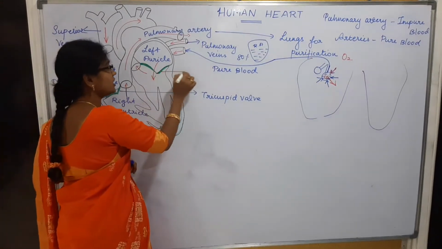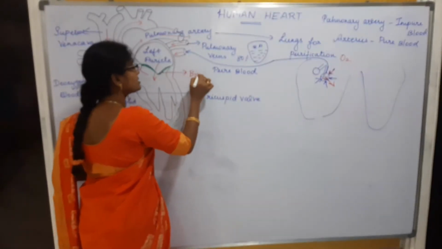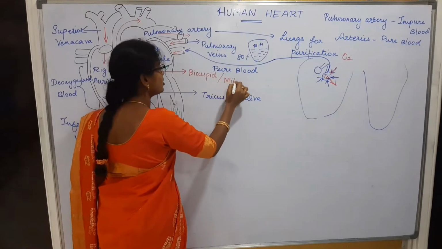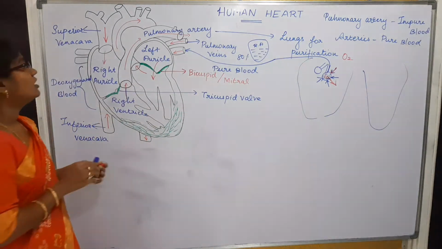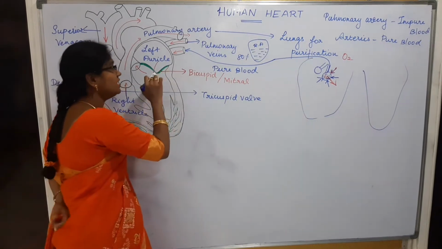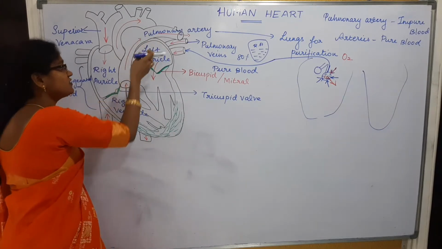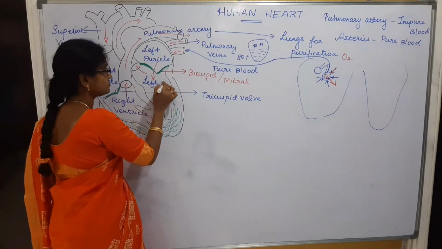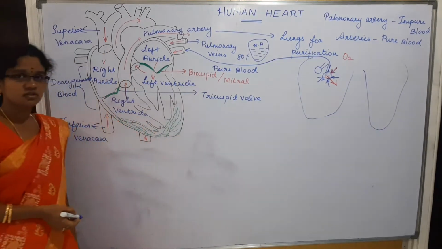This is the bicuspid valve, which is also called the mitral valve, right? This bicuspid valve will get opened when the auricle is completely filled, and the left auricle pumps the blood to the left ventricle.